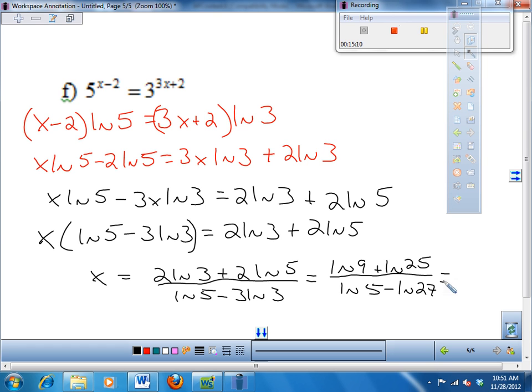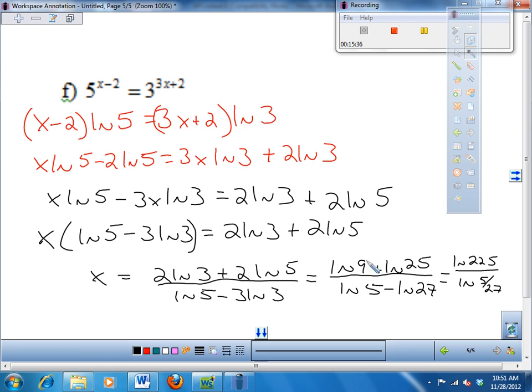This is a sum, right? So I can rewrite this, and this is a difference. So I can rewrite this as the natural log of 9 times 25, which is 225, over the natural log of 5 over 27ths. Whoa. Because this is a difference, and this would be your best answer. But if you get to here, that's pretty good. That's pretty hard, isn't it?